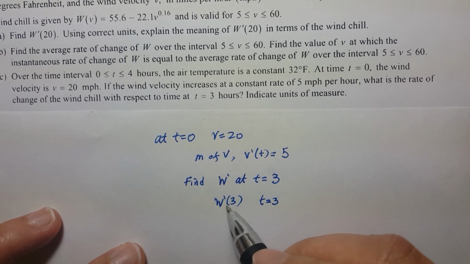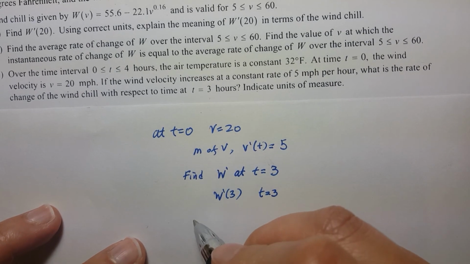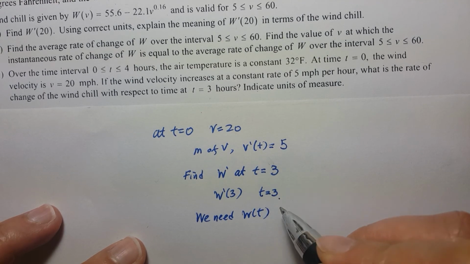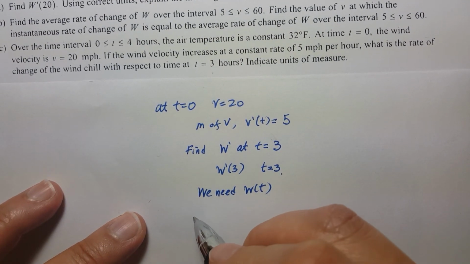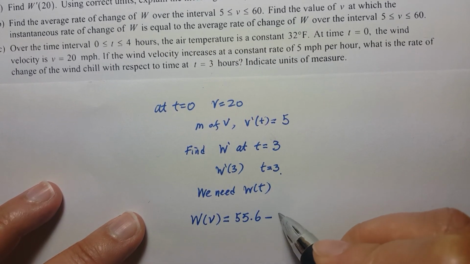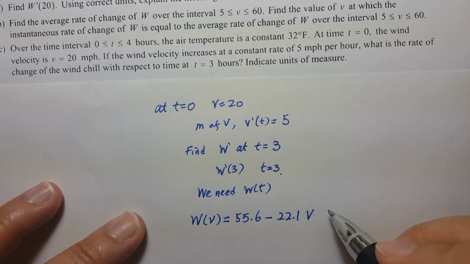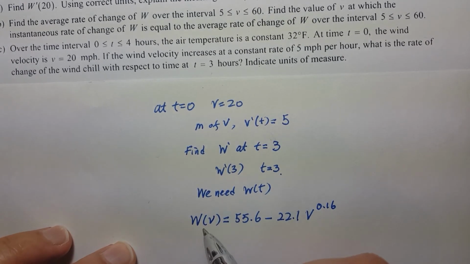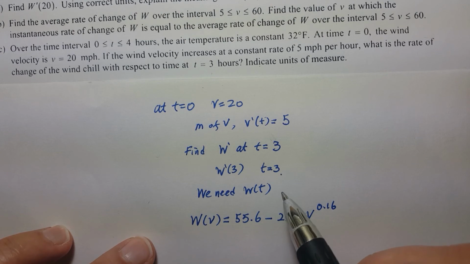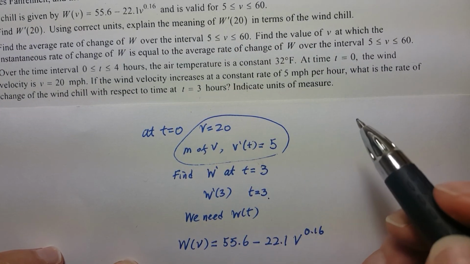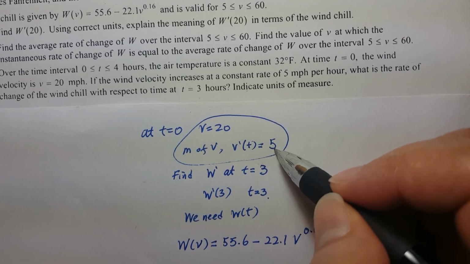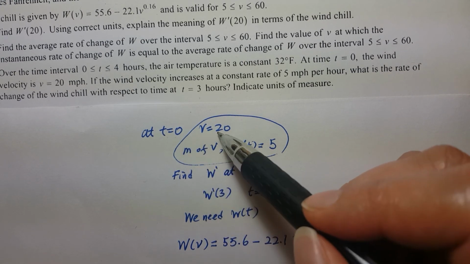So you need to find the function of time. We need W of T because you have T equal to 3. If you look at what we had in the beginning, we get W of V equal to 55.6 minus 22.1 V to the 0.16. This is a function of V, but you want to turn it into a function of T. There must be a reason they gave us this: V is a function of time, the slope is a constant 5, and at T equal to 0, you get 20.